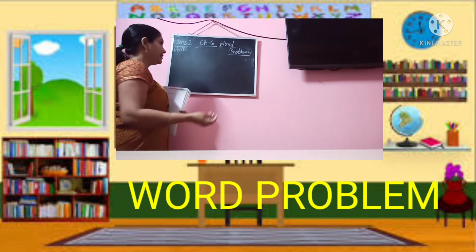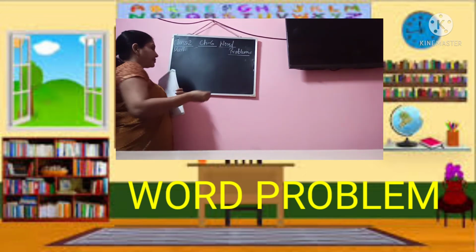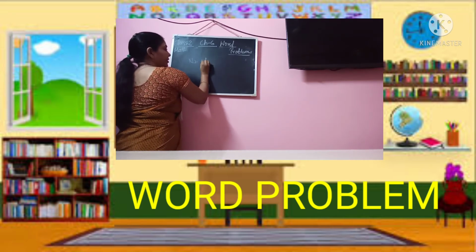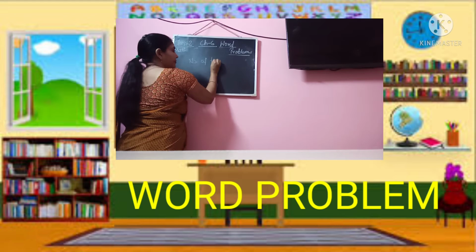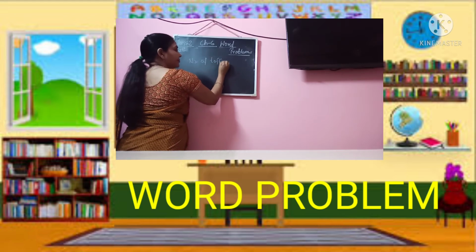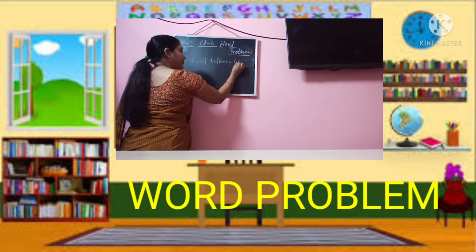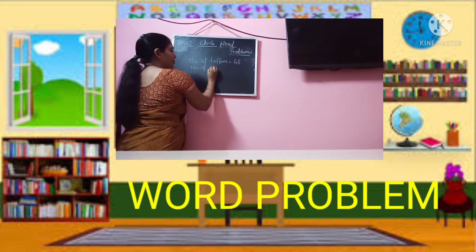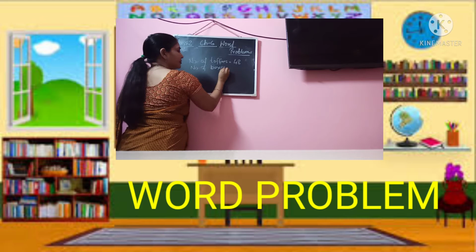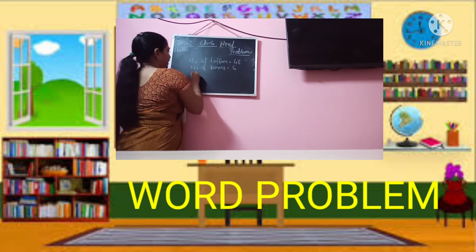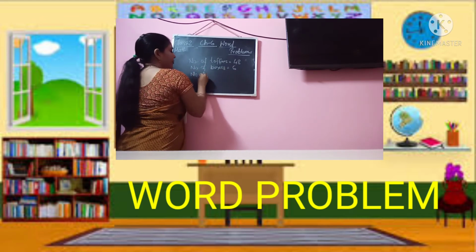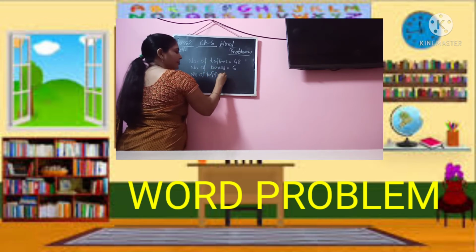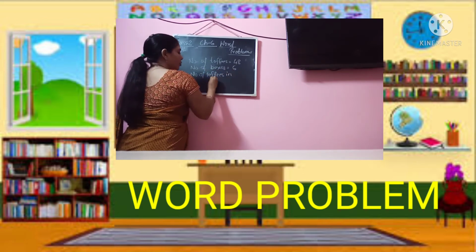Here again same thing. So number of toffees 48. Number of boxes 6. Number of toffees in one box.